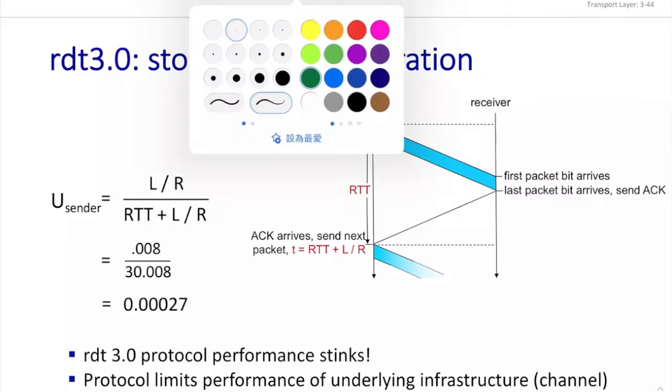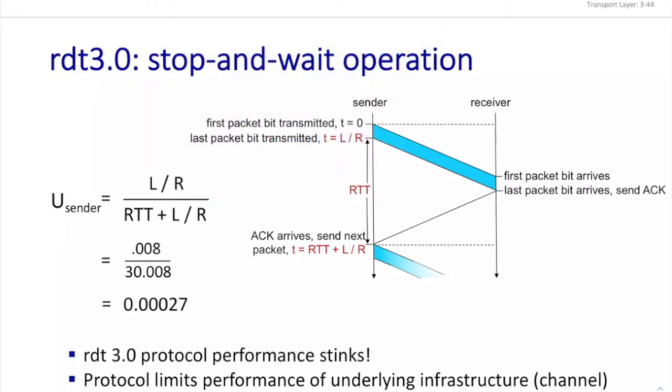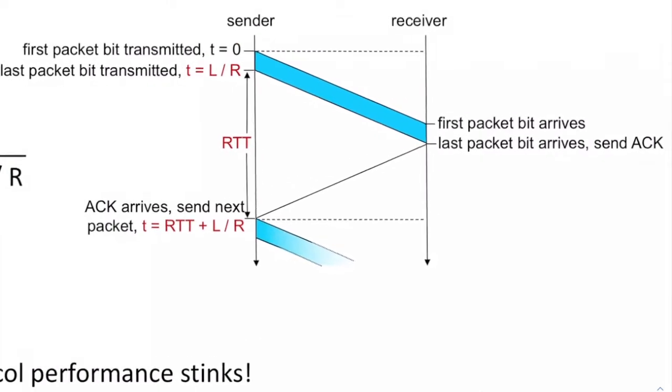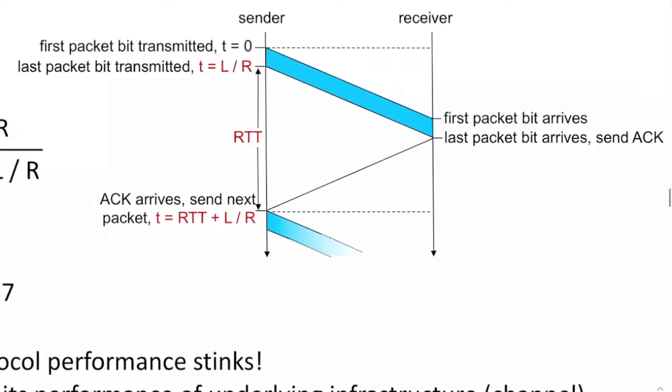So let's take a look at this figure. On the left-hand side is the sender. At time 0, the sender will send D0 to the receiver.